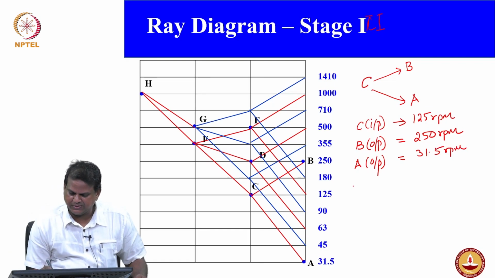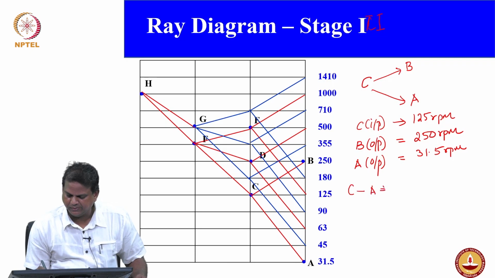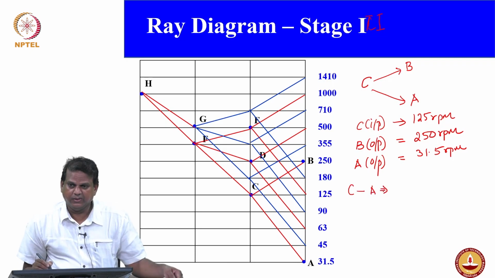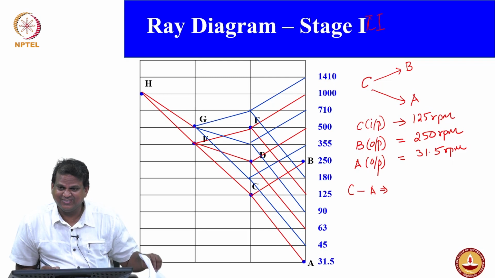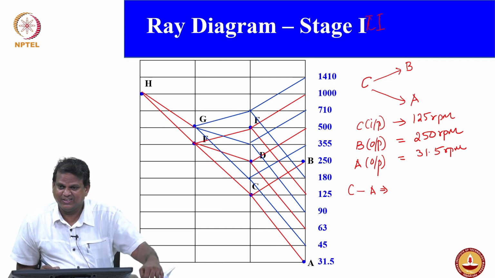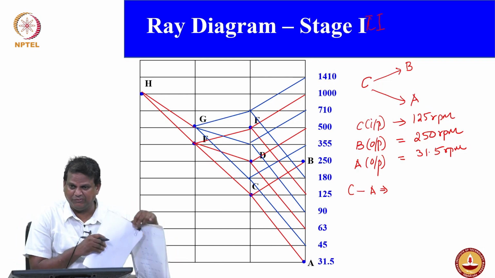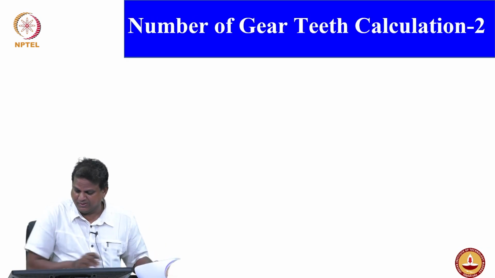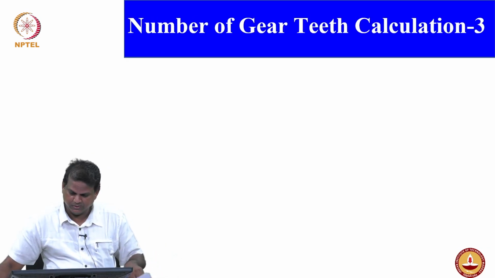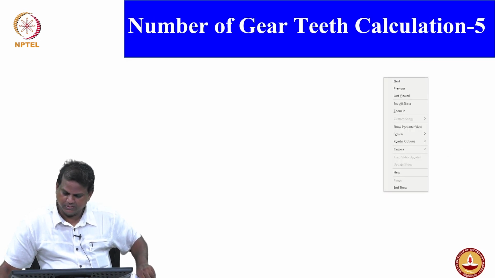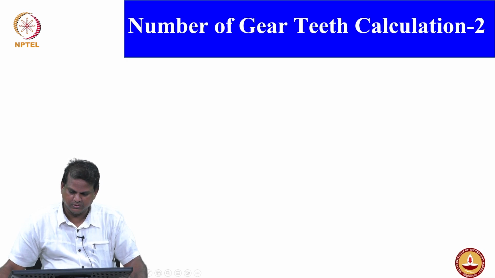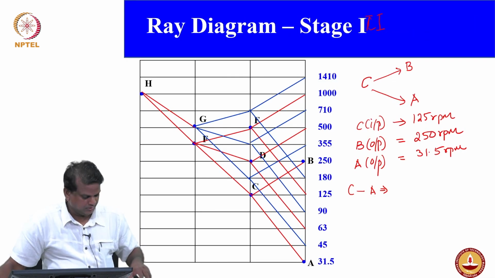Okay, you can see clearly when you have C to A, or in terms of the gear aspect, gear meshing, right, it's gear 13 meshing with gear 14, that's the one that will give you the lowest speed. Yeah, okay.